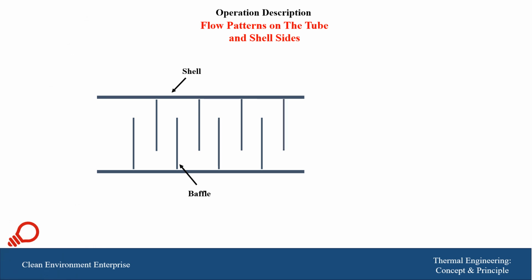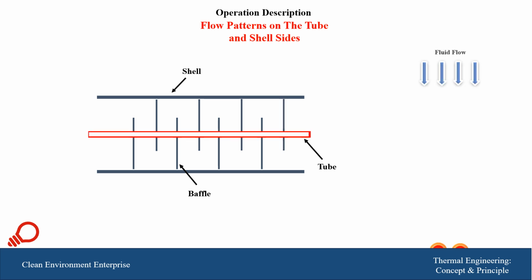Let us have a look at the flow pattern on the shell side of the shell and tube heat exchanger. Here we have a simple diagram for the shell with the baffles fixed.